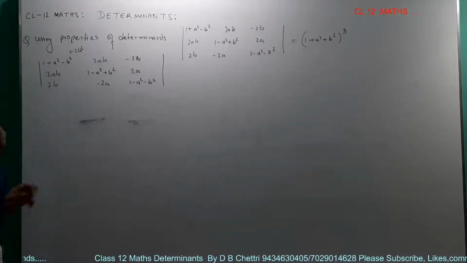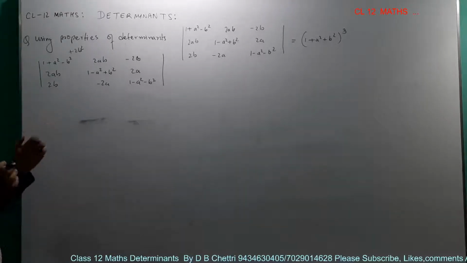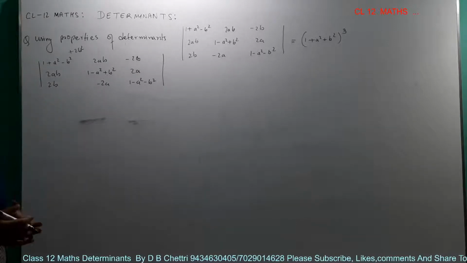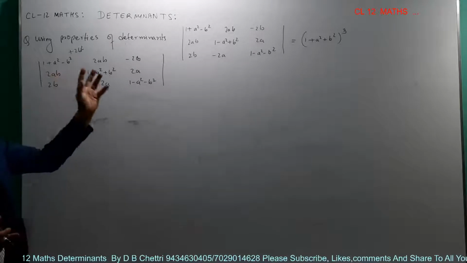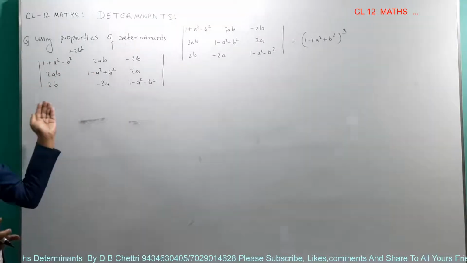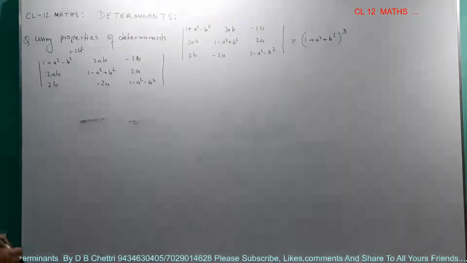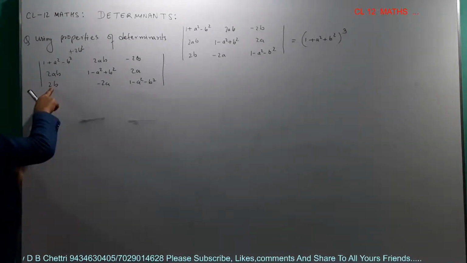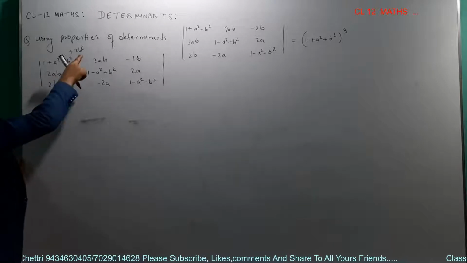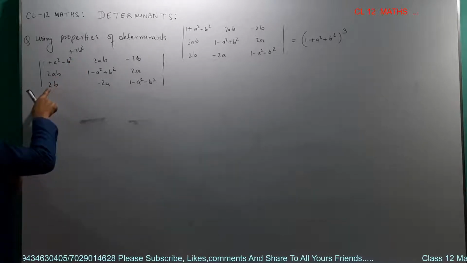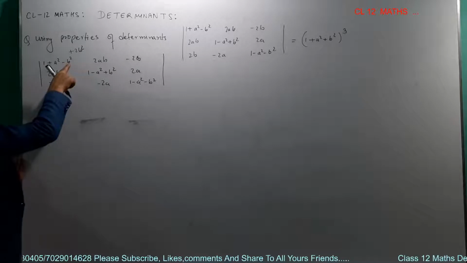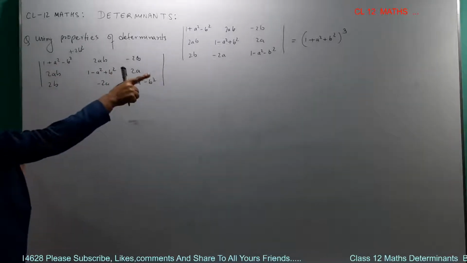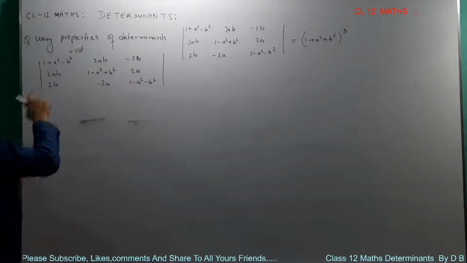While solving determinant questions, try to find the right hand side factors, and also try to make two zeros within these determinants along any row or column. Now we need 2b square. If we take this b square and add it with row 1, then it will be 1 plus a square plus b square, but there is only 2b there.